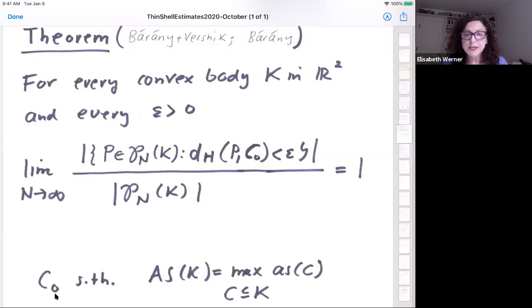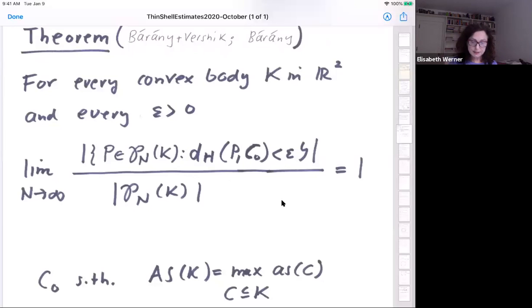And what the theorem says is that as the grid gets finer and finer, almost all lattice polygons are epsilon close to this maximal affine surface area set inside the body K. And that's what's meant by limit shape.